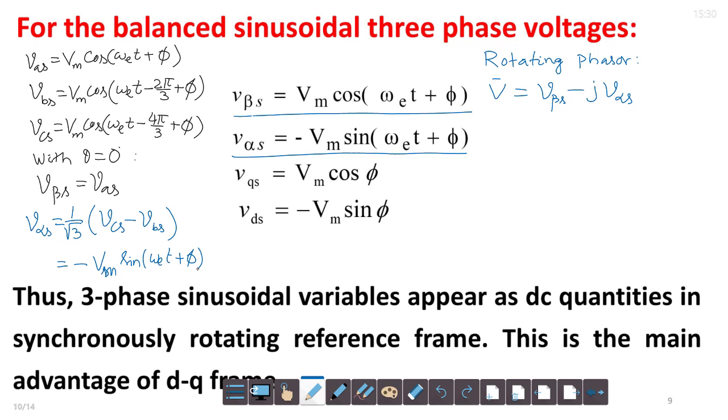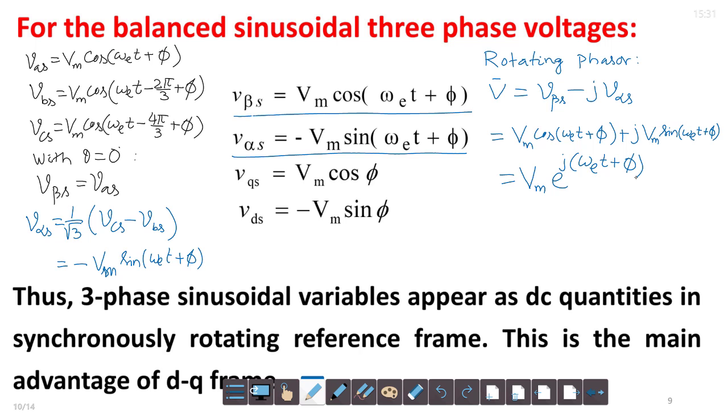V beta s is Vm cos of omega e t plus phi, and minus j V alpha s is plus j Vm sin of omega e t plus phi. So, this is equal to Vm e to the power j omega e t plus phi.